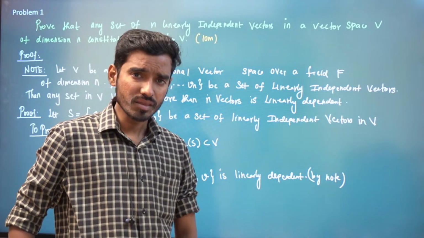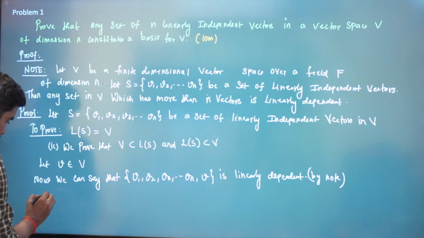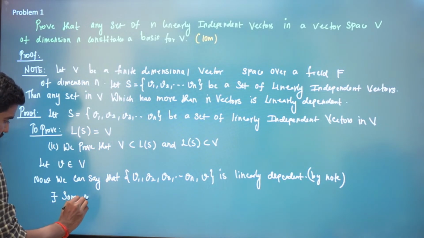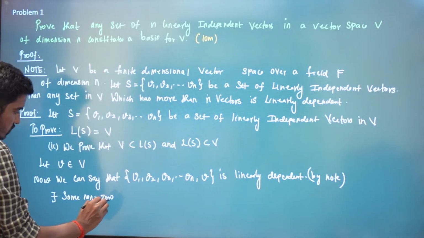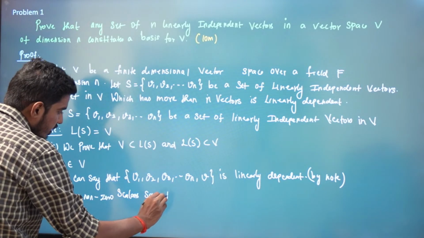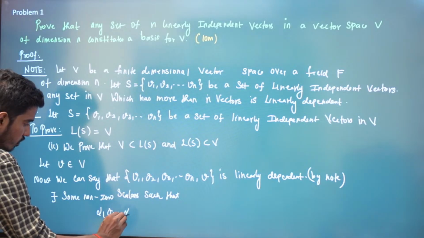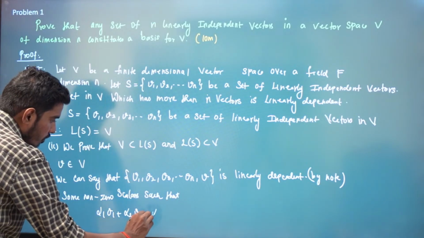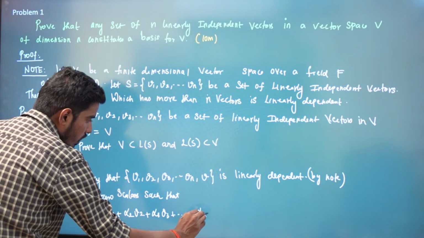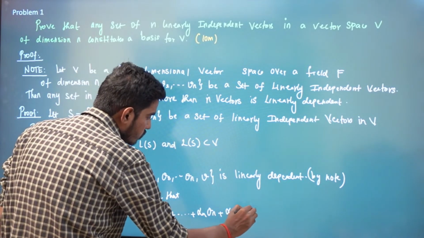Now by definition of linearly dependent, what is the definition? There exist some non-zero scalars such that alpha 1 v1 plus alpha 2 v2 plus alpha 3 v3 and so on up to alpha n vn plus alpha v is equal to 0.